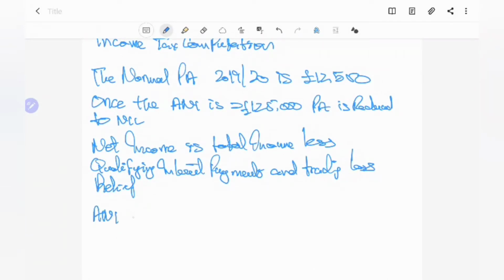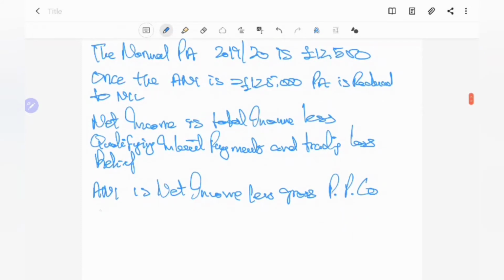Adjusted net income is net income less gross personal pension contribution and less gross gift aid payments.